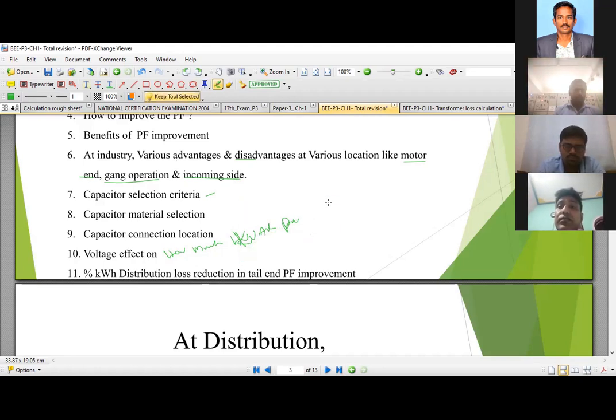One formula is available: Vn square divided by Vt square. Vn square is the site actual voltage, and Vt square is the rated voltage.